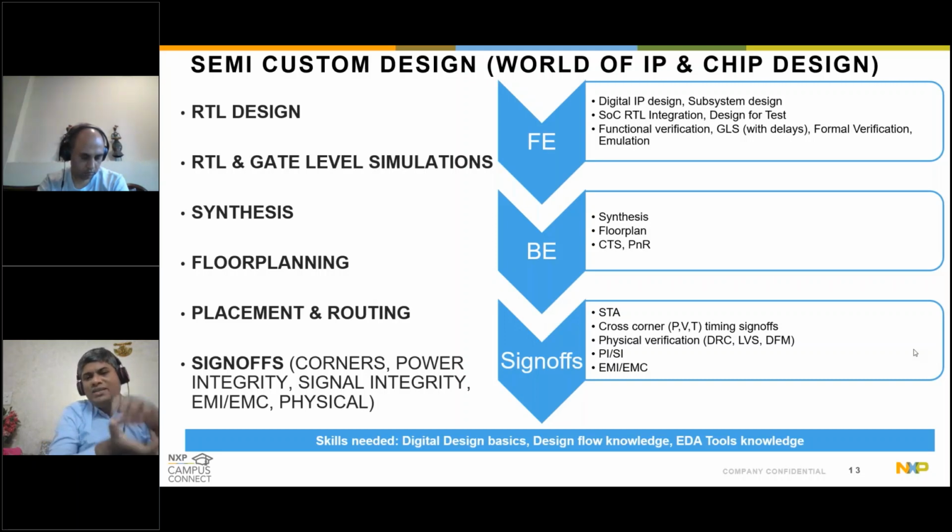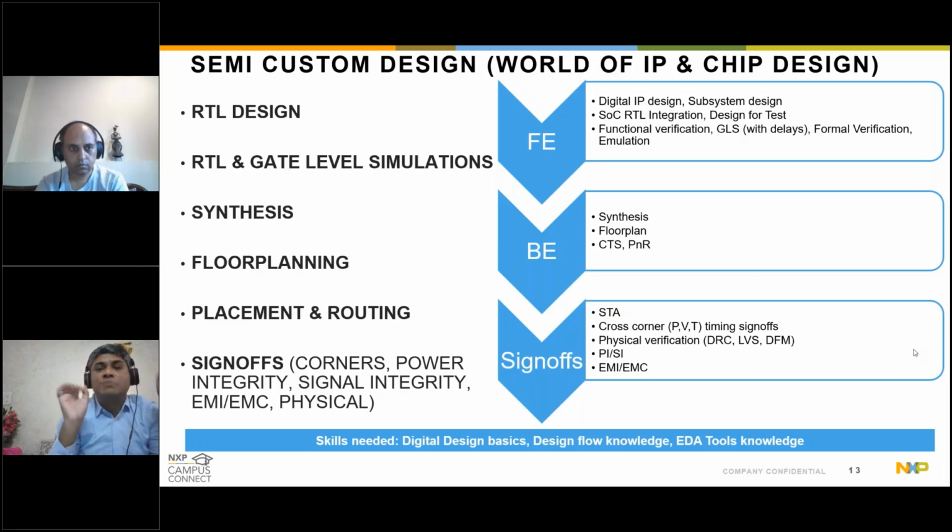Then once you have done the physical assembly of this physical design of the backend part, it's time to run the sign-offs. Sign-offs means in various permutations and combinations, sometimes we also call them PVT corners, because we know that in physical reality, when the chip is getting manufactured, based on where the die is located on the wafer, there could be differences in doping, differences in the way it is exposed to the machinery, etc. Accordingly, the recipe which we had tried to model in SPICE in the earlier slide may vary.